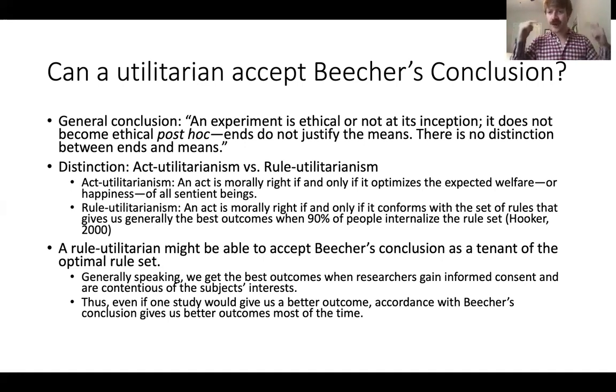So rather than trying to figure out if killing someone is going to give us a good outcome or not, what's going to give us generally the best outcomes is a rule that says don't kill people, right? So according to rule utilitarianism, I can't kill my rich uncle even if it benefits, say, a bunch of other people, right? Because it breaks this rule that gives us, generally speaking, the best outcomes.